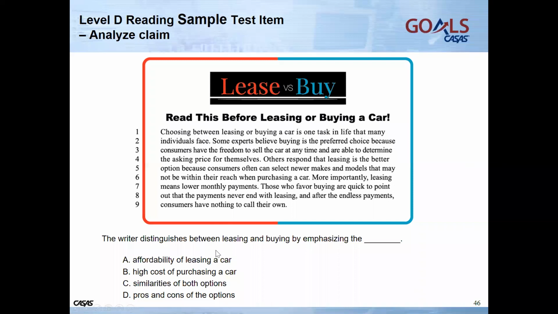The question is also complex and is getting at a higher order skill, asking how the writer distinguishes between buying and leasing. Again, this is a topic of interest to our students. It's not overly abstract or academic, but the question being asked is an academic question about the writer's craft.